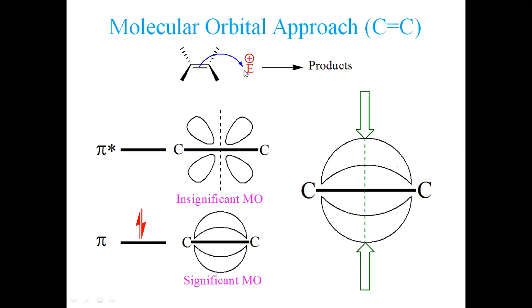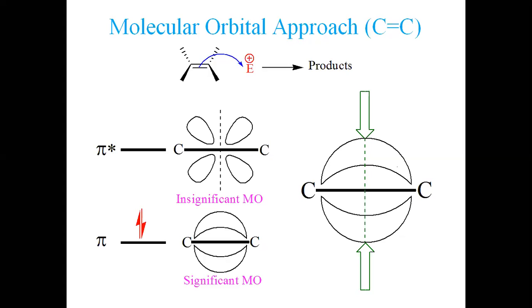Let's say this electrophile is electron deficient, it has no electron, and it is interacting with pi star. Now look, pi star is empty. When they interact with each other, what shall be formed? We shall have no electron. What shall be the bond order? Electrons in bonding minus electrons in anti-bonding, divided by 2.